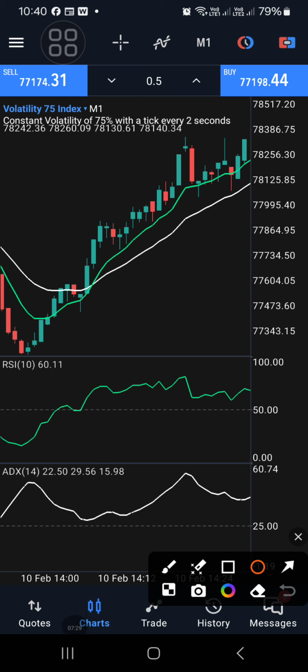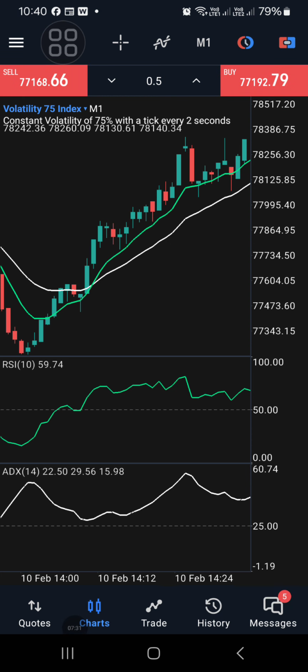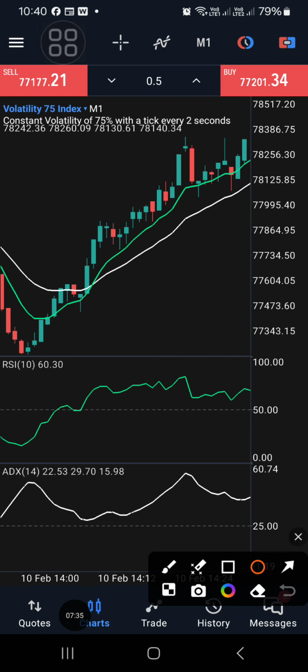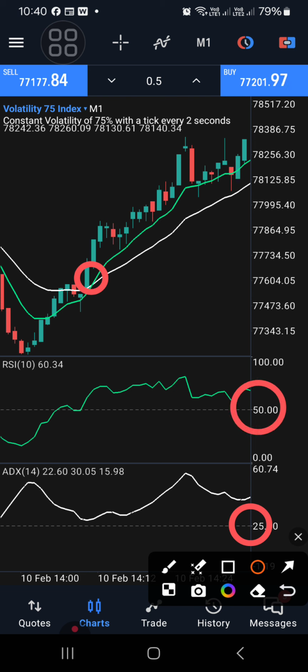So we have a crossover here. The crossover is at this particular level. This is where the crossover is taking place. And if you check here, the ADX is above level 25. Then the RSI is also trading above 50 at this particular level.